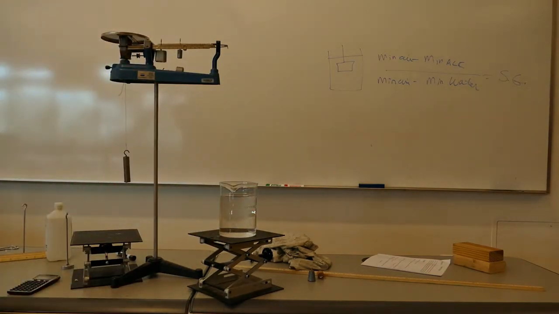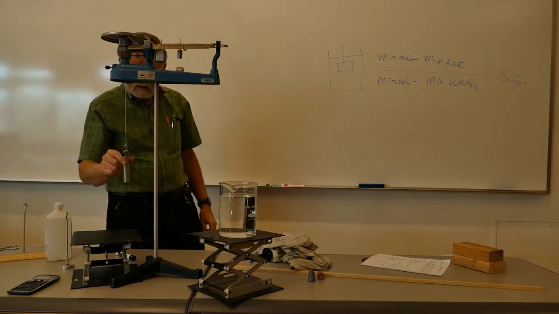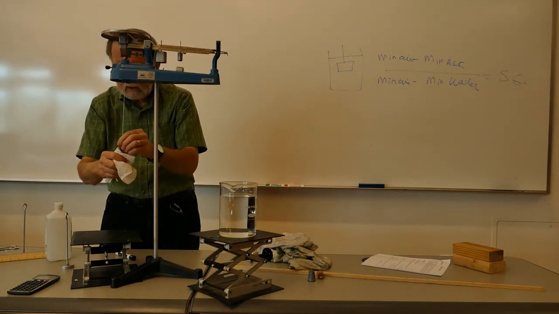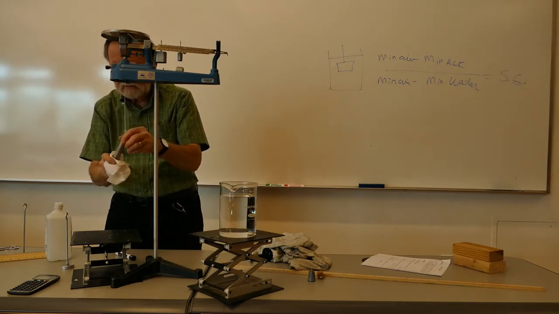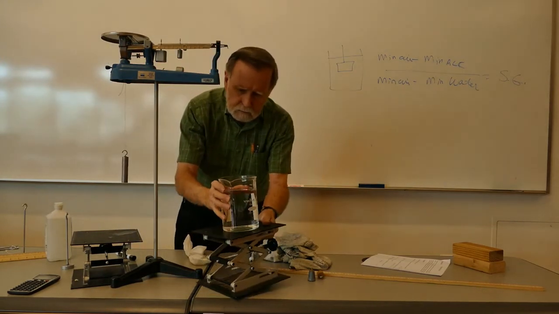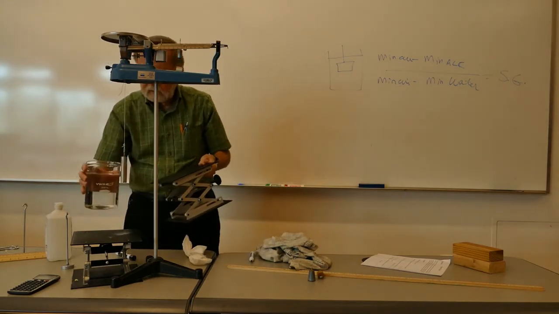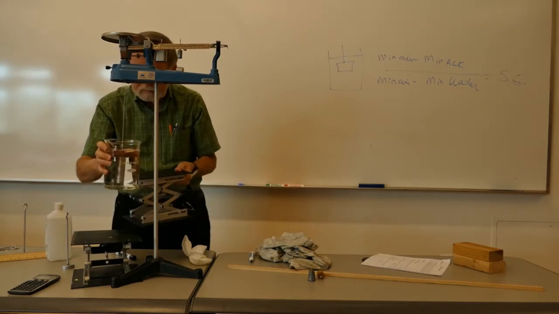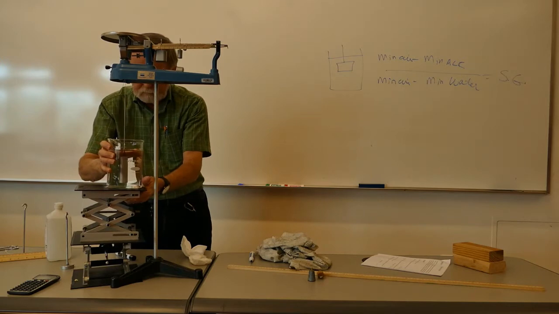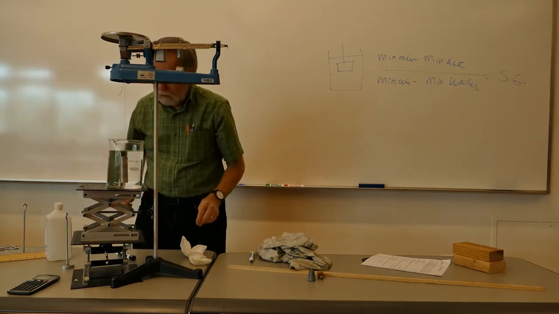So now we've already got the mass of the aluminum in air and the mass of the aluminum in water. Now let's measure the mass of the aluminum in the alcohol. It's going to be different.